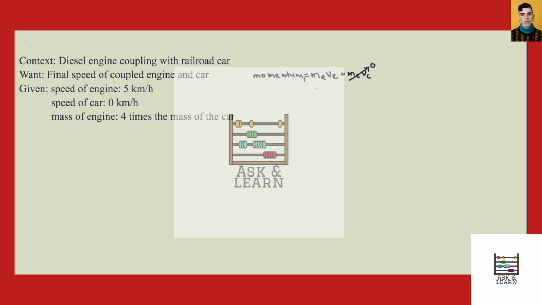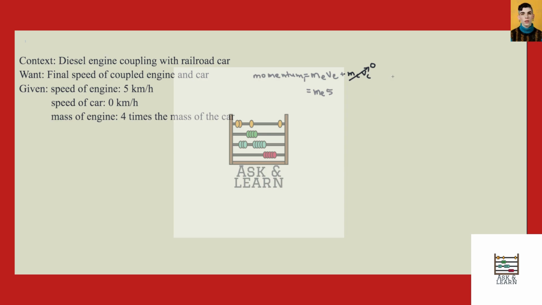So then the initial momentum is going to be equal to the mass of the engine times speed of the engine, which is 5 kilometers per hour. So we don't know this momentum initial because we don't know what is the mass of the engine.